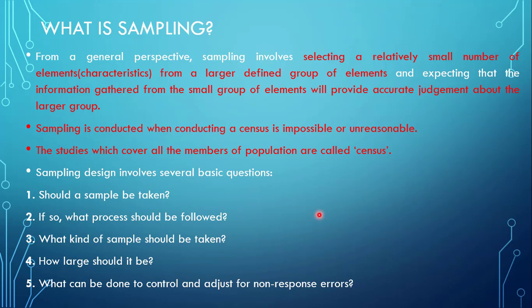In conducting sampling, when you design your sampling techniques and select a sample, there are 5 basic questions that you need to answer. The first question is, is it required to take samples or not?